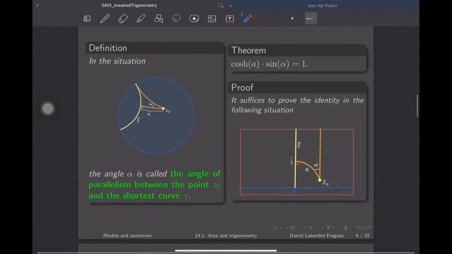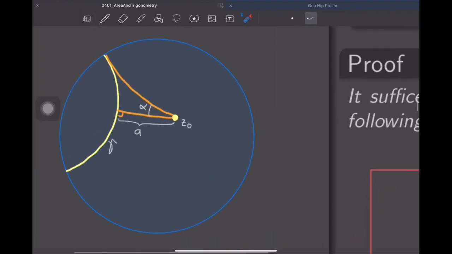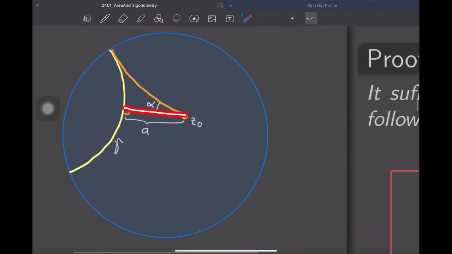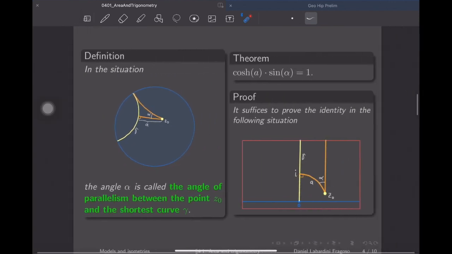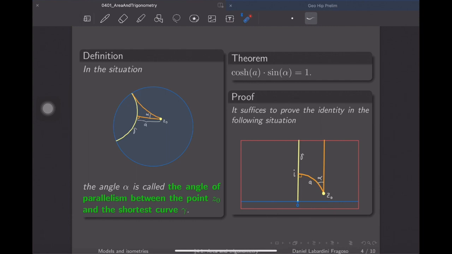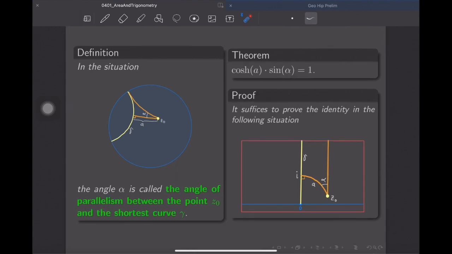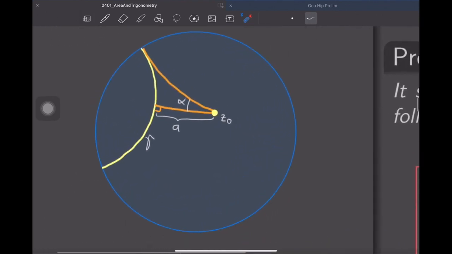And we have this nice theorem, which is that the angle of parallelism satisfies this identity where A is this length. So if you want, A is the distance from Z0 to the given geodesic. Yeah, so do the following.